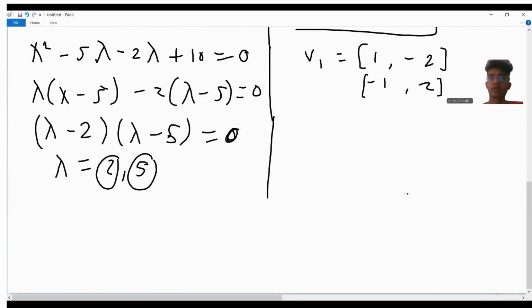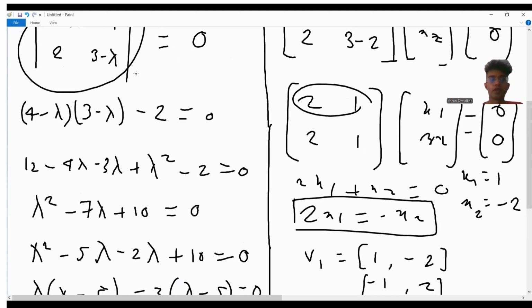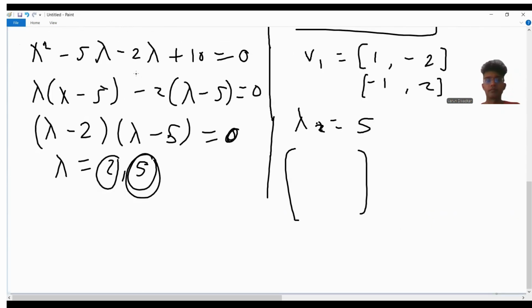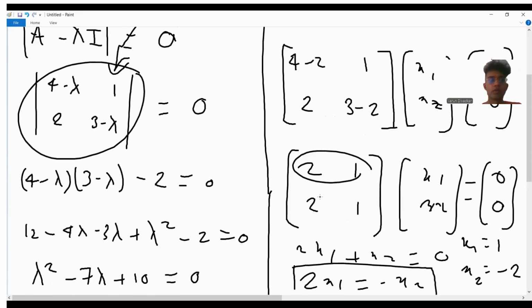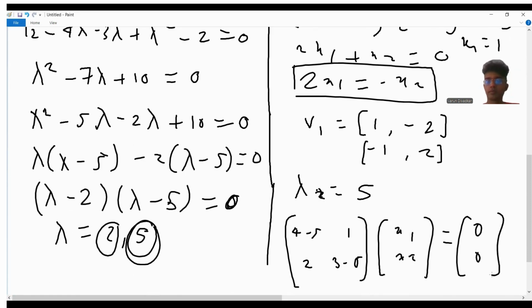Now, to find the second eigenvector, say lambda 2 equals 5. All right, so substituting again in this part, you get 4 minus 5, 1, 2, and 3 minus 5, into x1, x2 equals 0, 0.